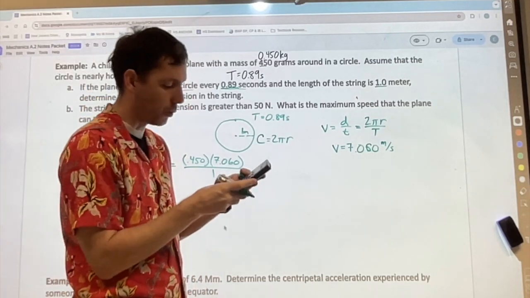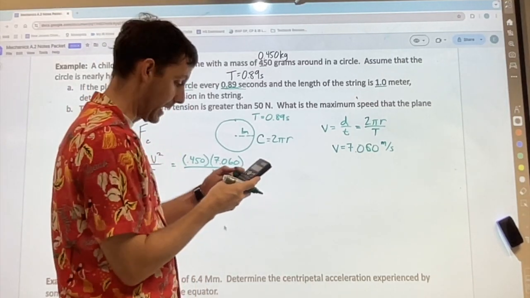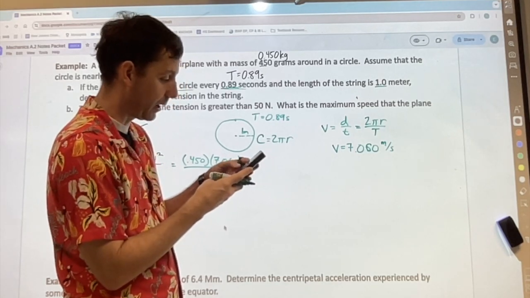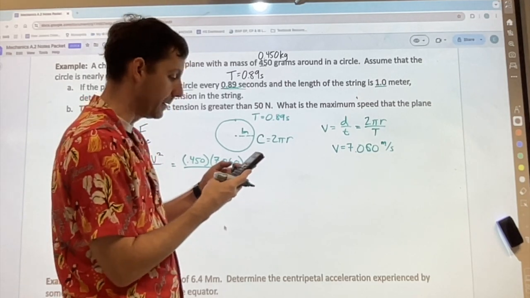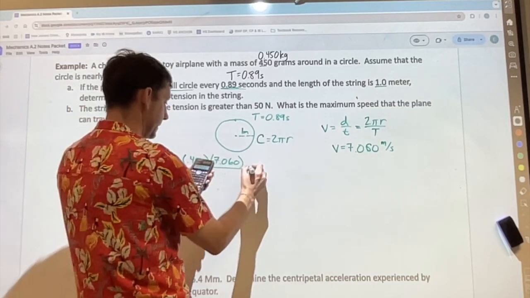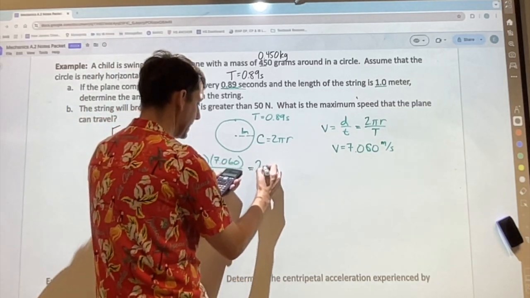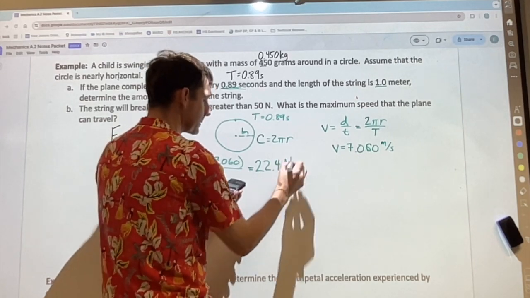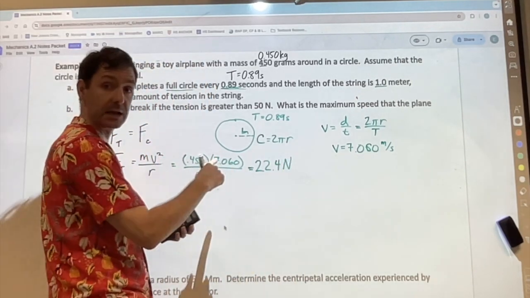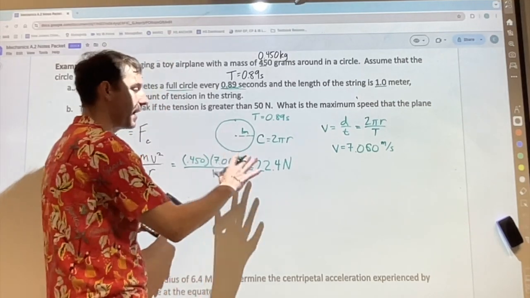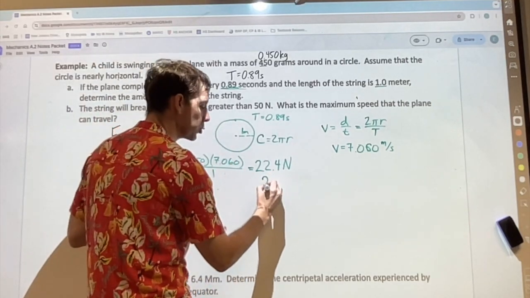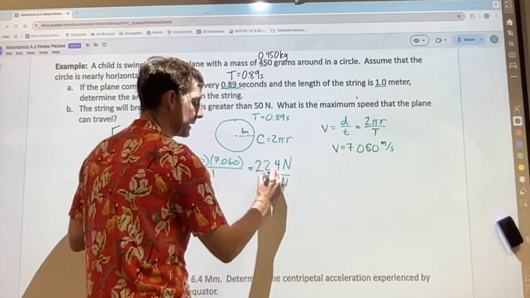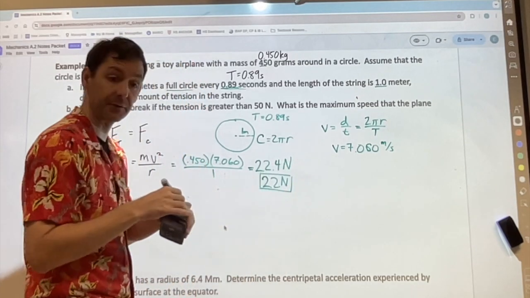And so if we go 0.45 times our answer squared and then divided by 1, we get that the force of the tension is 22.4 newtons. Okay, now everything was in SI units, so I know it's in newtons. My final answer, though, will be 22 newtons because that is 2 significant figures.